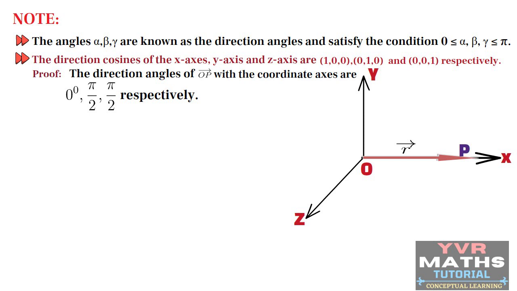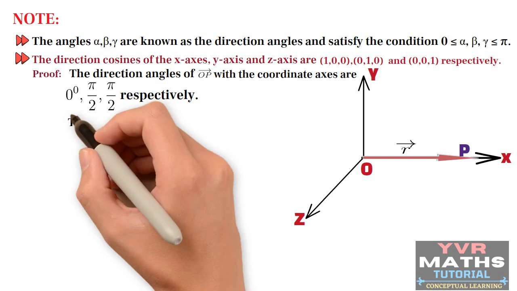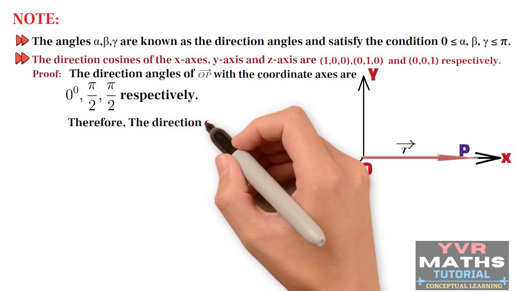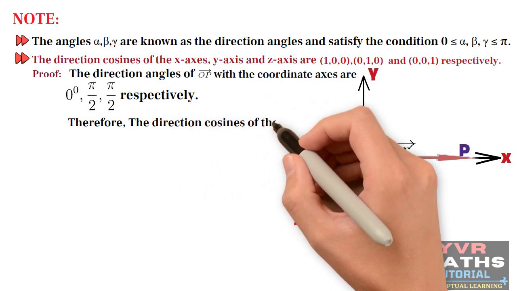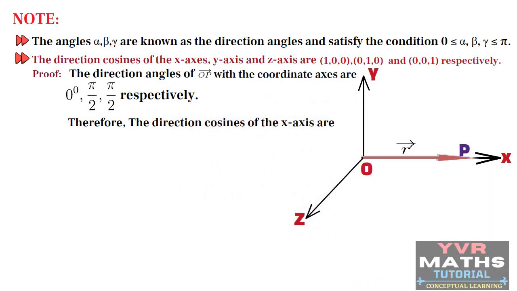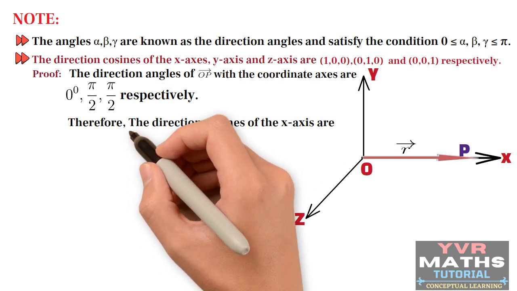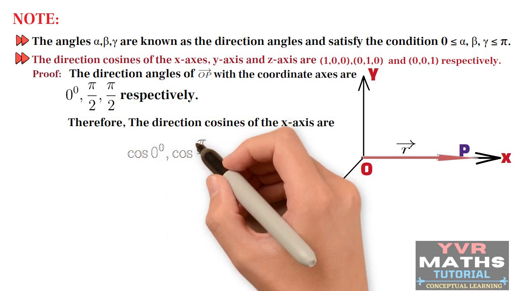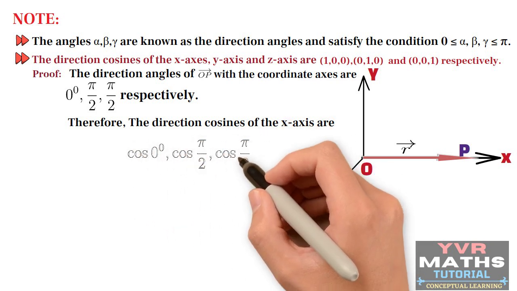We know that if alpha, beta, gamma are direction angles, then cos alpha, cos beta, cos gamma are direction cosines. That means, what are the direction cosines of the x-axis according to that concept? Cos 0, cos 90, cos 90.